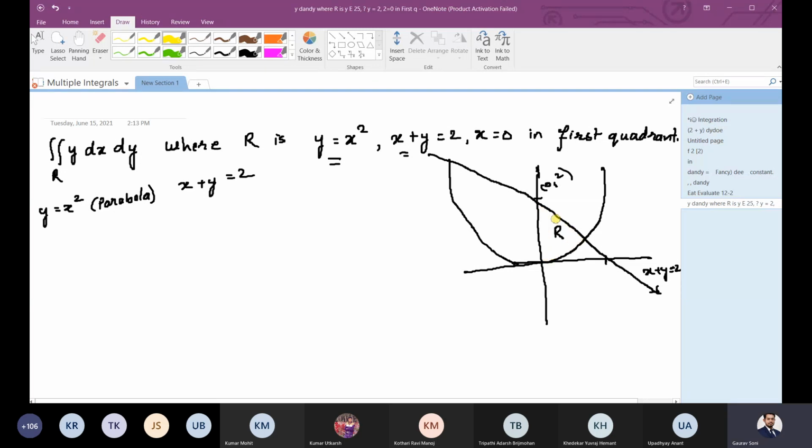So this is the region over which I need to integrate. Now my next question is whether I should take horizontal strip or vertical strip. Horizontal strip. Why not vertical?